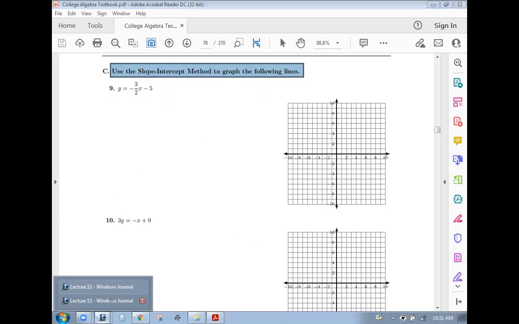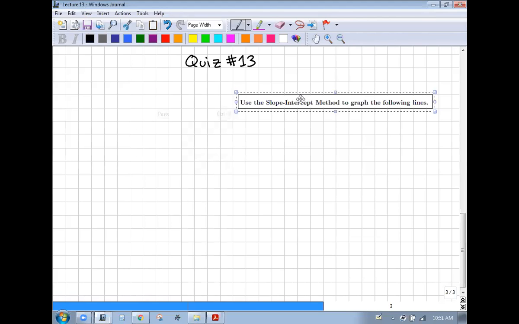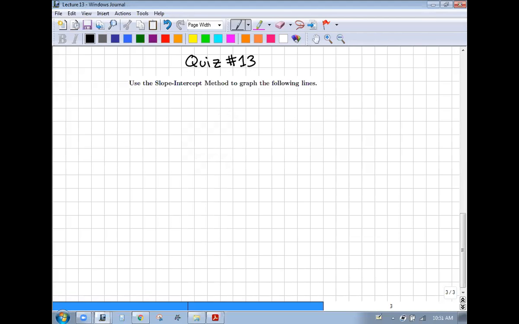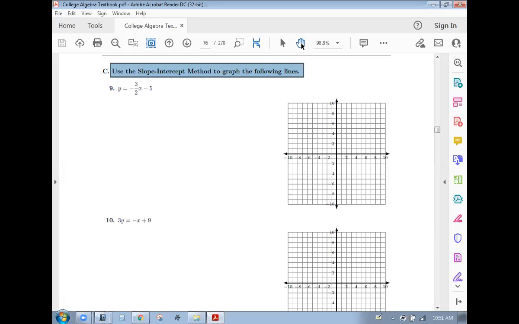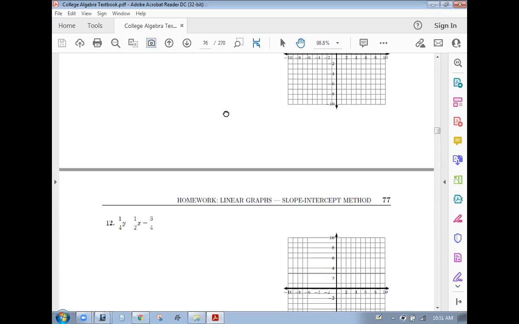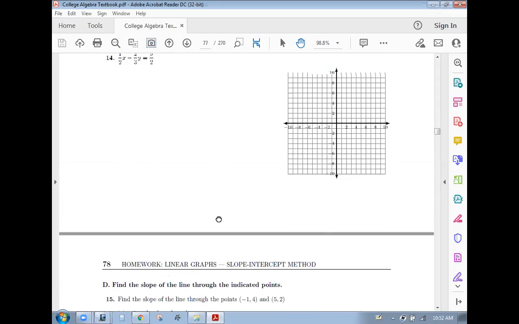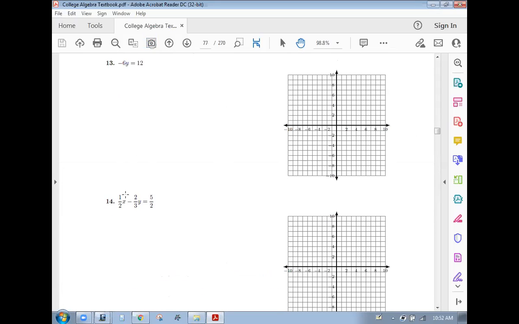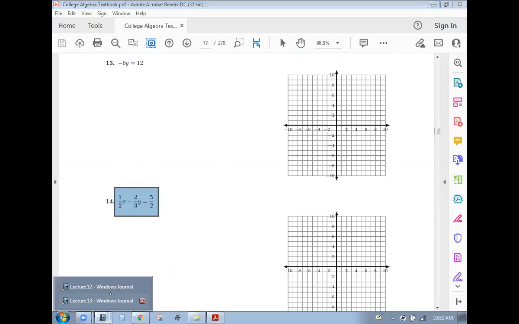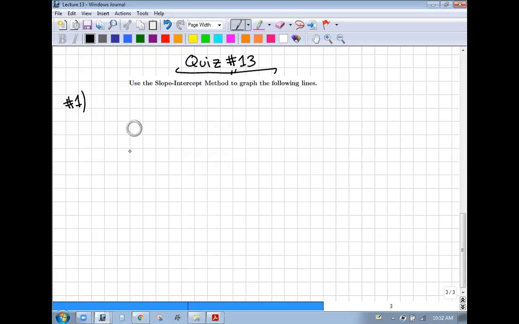Let's do some graphing here. Quiz number 13, use the slope intercept method to graph the following lines. Let's see if I can remember which ones we did last time. We did this one last time, number 14. I'm not sure, it won't hurt us to do it again.